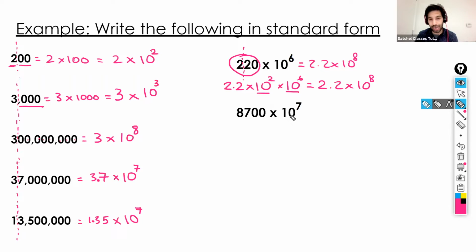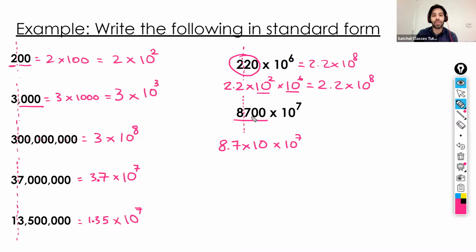This is not written in standard form because this number is not between 1 and 10. So I need to rewrite this bit in standard form. That's going to be 8.7 times 10 to the power of a number, times 10 to the power of 7. Well, again, I need to draw a line after my first non-zero number.